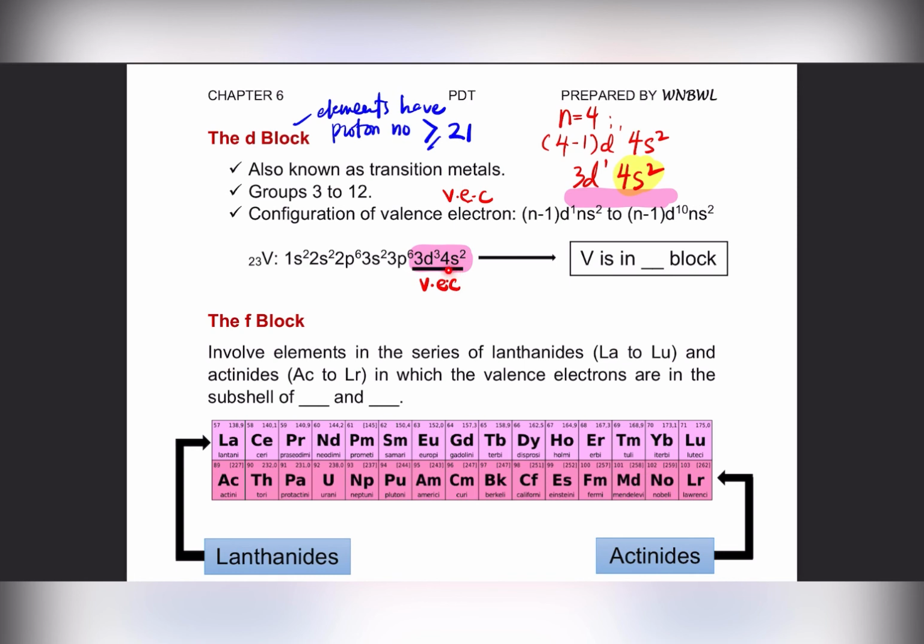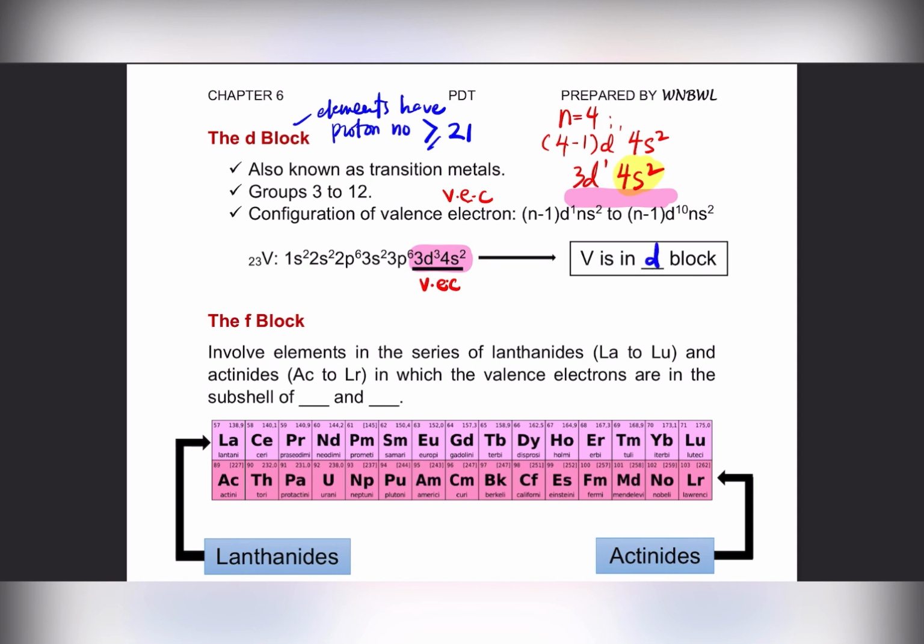And when you write the electronic configuration for vanadium based on Aufbau principle, you will fill electrons in 4s2 followed by 3d3. So the last filled subshell is 3d orbital. So vanadium is in D block.